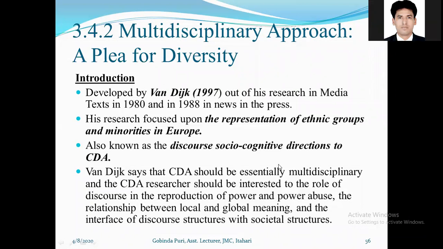Anyway, let me talk very briefly. Multidisciplinary approach, a plea for diversity. This is a really nice article by Van Dijk. You can see it in PDF form, or you can find it in your photocopy. That was developed by Van Dijk in 1997 out of his research in media text in 1980, and in 1988 in News in the Press.